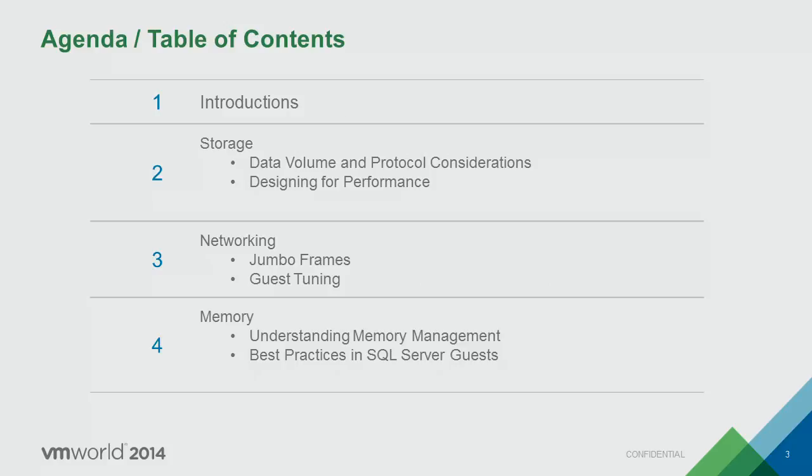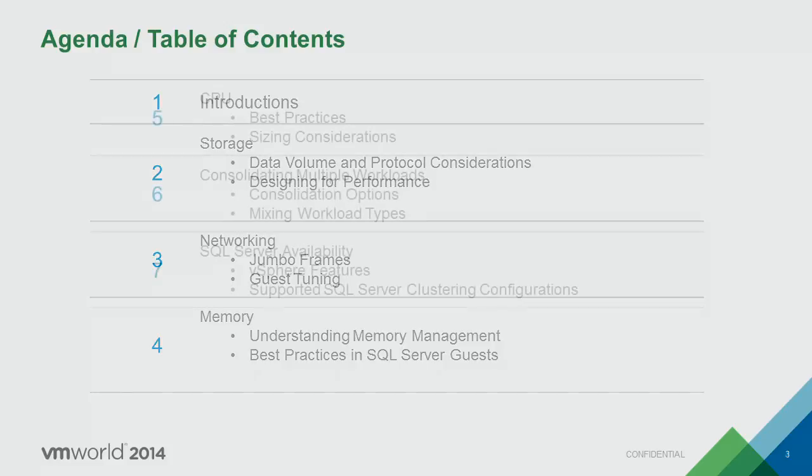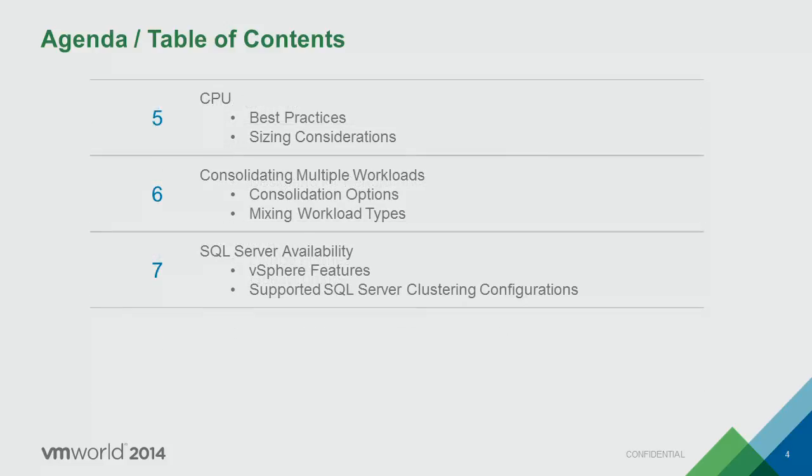We'll talk about large pages in the host, large pages in the guest, things like that. For CPU, a few best practices and sizing considerations. Look very briefly at consolidating multiple workloads and how that might work out. And finally finish up with SQL Server availability. So I'm going to turn it over to Jeff, and he's going to cover storage and network for us.